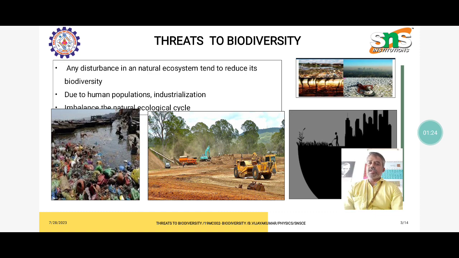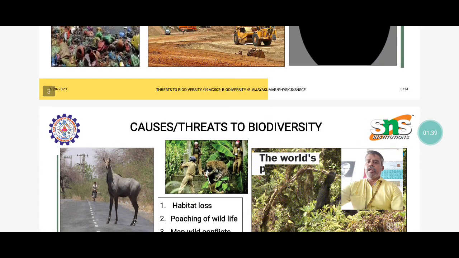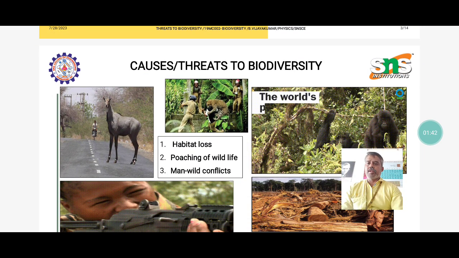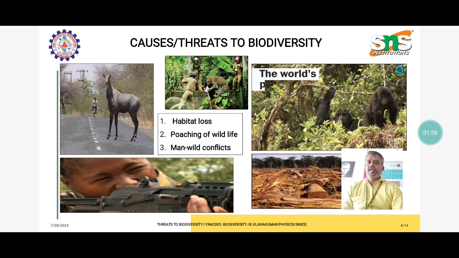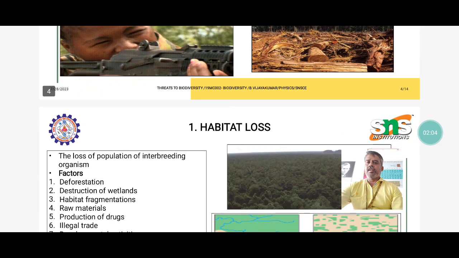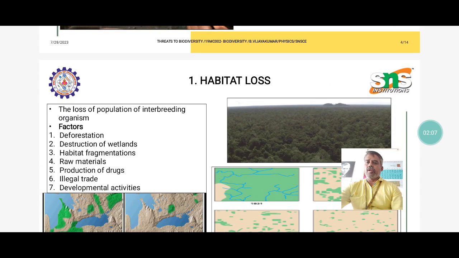Imbalance in the natural ecological cycle is another form arising from these two factors. This picture clearly explains the factors of threat to biodiversity and the causes. The main threats are habitat loss, poaching of wildlife, and man-wildlife conflict. These three are the main threats to biodiversity. Each of these threats will be discussed one by one.